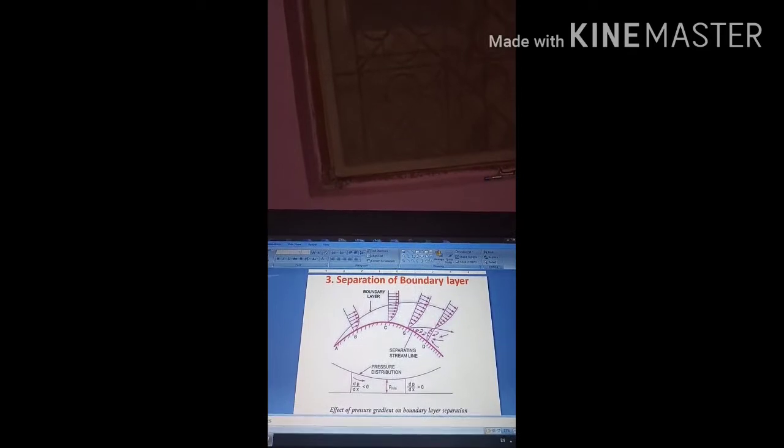that surface in between. So what will be the conditions? For that, we are going to consider one surface, and over that surface we are going to study the boundary layer. So let us see whether this boundary layer is continuously remaining along with that surface, or there is some point where this boundary layer is detaching from the surface, or it is cut from the surface and will not be in contact with the surface at all.